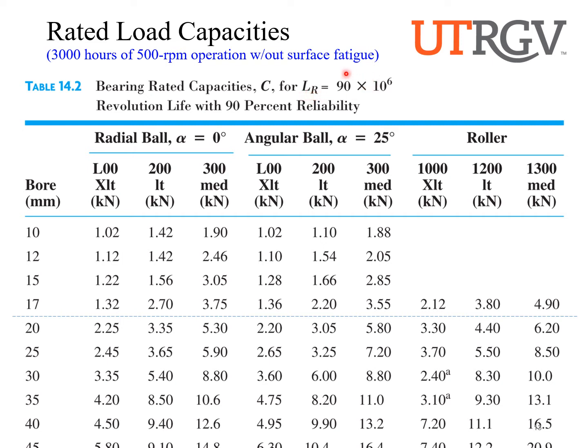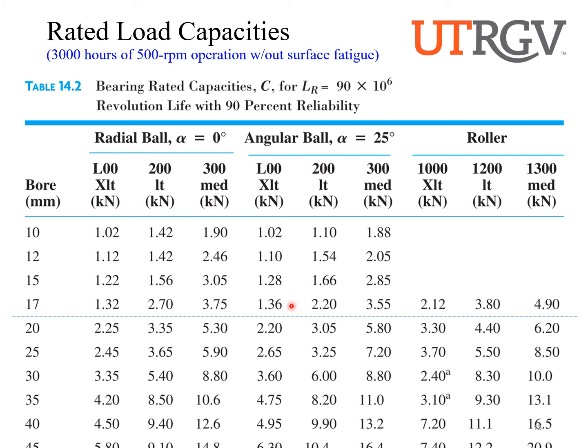The life of a bearing is not given in time because why? Well, because depending on the speed, the time is going to either go down or go up. The faster the bearing is spinning, the quicker it's going to fail. So instead the rated life is given in revolutions. So 90 times 10 to the 6 revolutions.